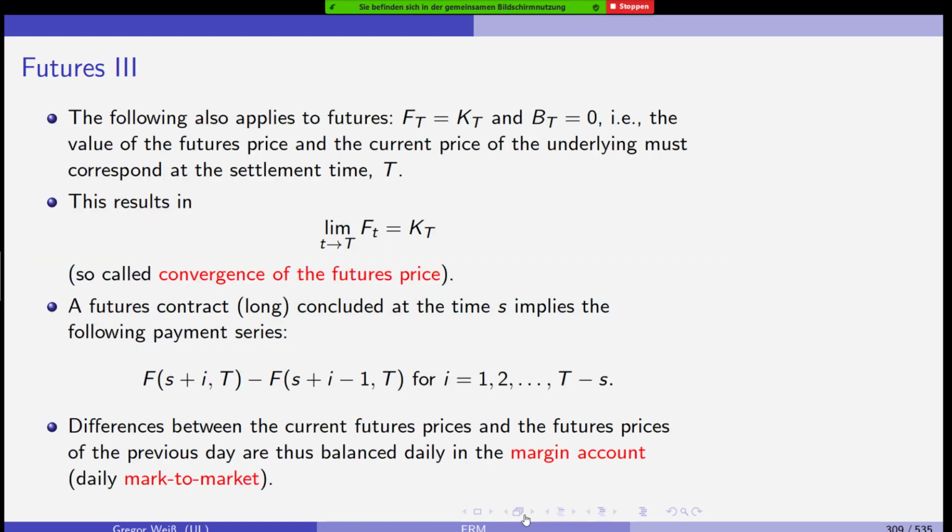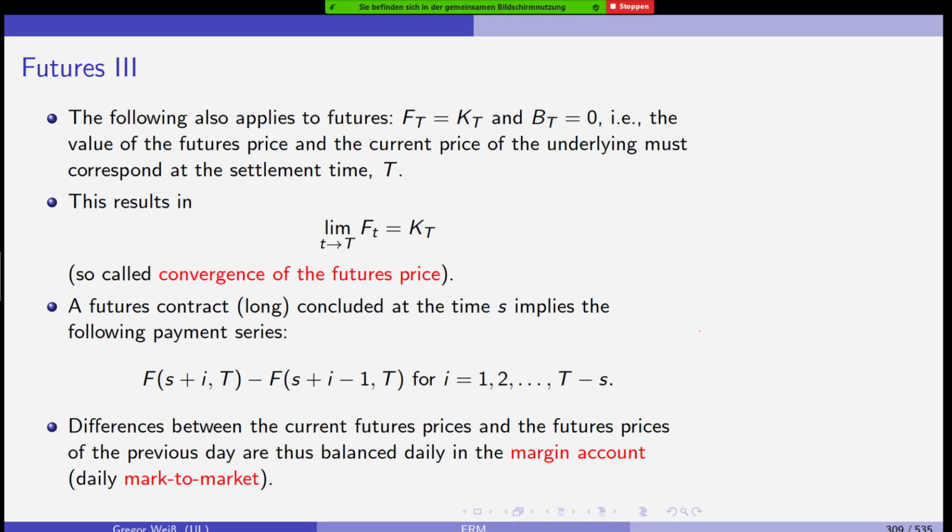We also have the following for futures. The futures price for a contract that matures immediately is the current spot price by definition. Thus, the basis at maturity has to be 0. That is, the value of the futures price and the current price of the underlying must correspond at settlement T, and this results in the so-called convergence of the futures price.